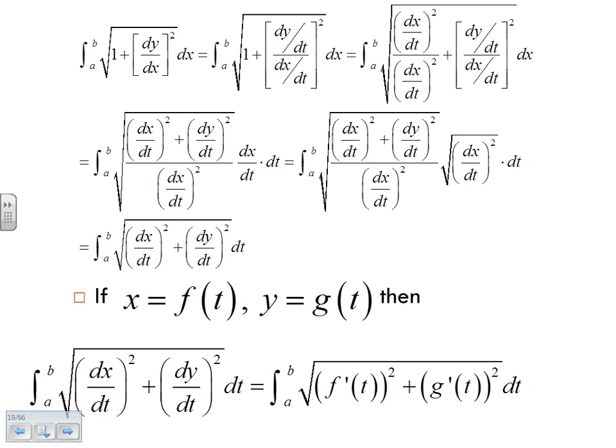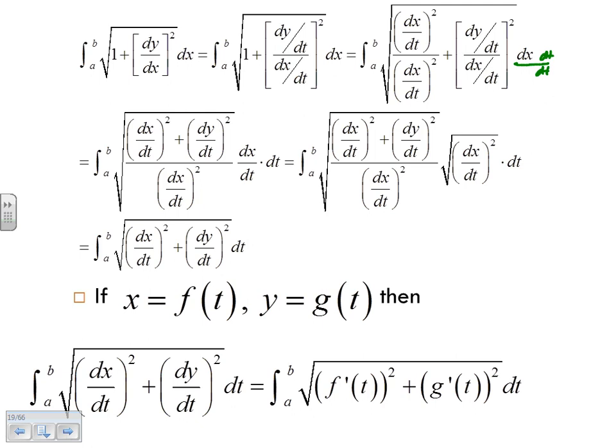Okay? So then I'm going to get a common denominator. In order to get a common denominator, I would have to make that (dx/dt)² over (dx/dt)², right? So then put those together, and in the same process right here, we're going to multiply by dt over dt.